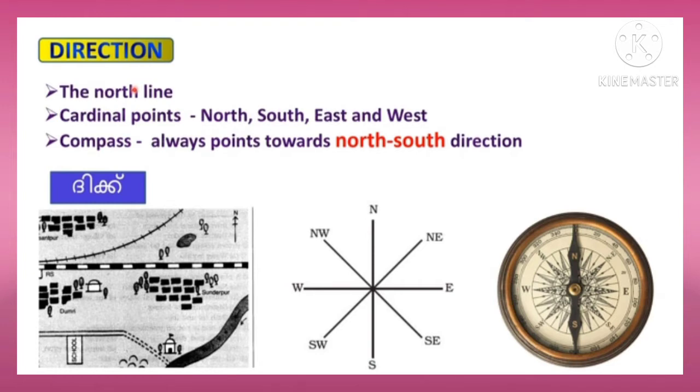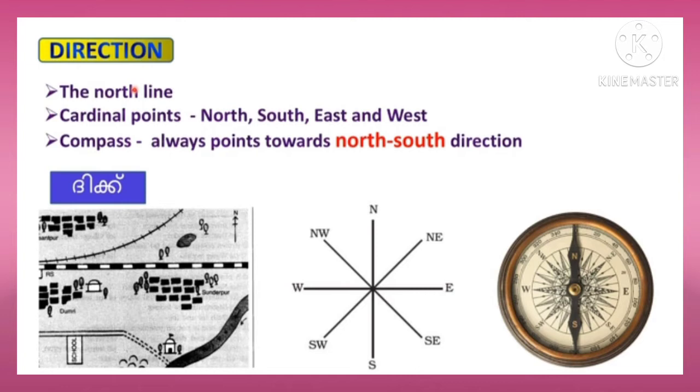Okay, children, there are four major directions: north, south, east, and west. They are called cardinal points. Then the other four intermediate directions are northeast, southeast, southwest, and northwest. If you know all these directions, we can easily find out the places.